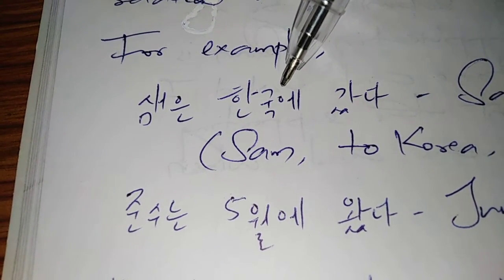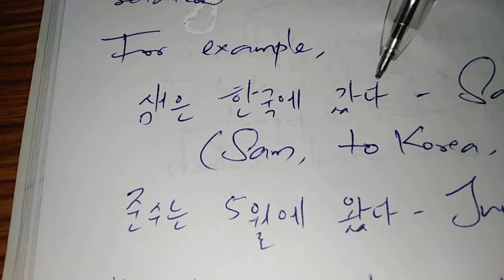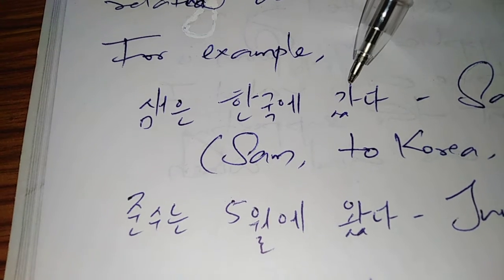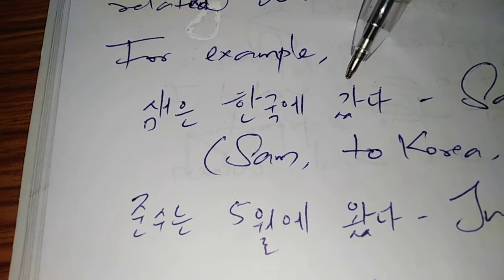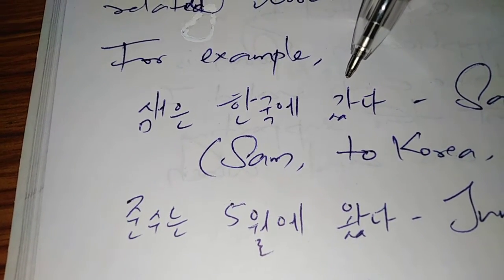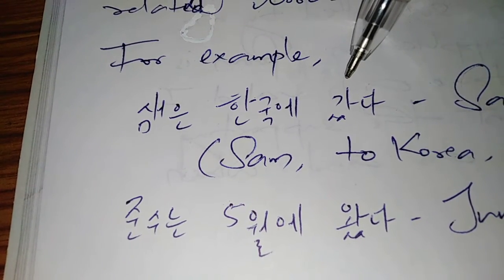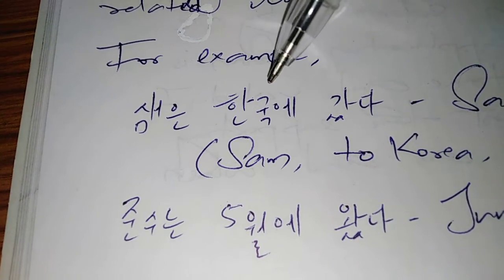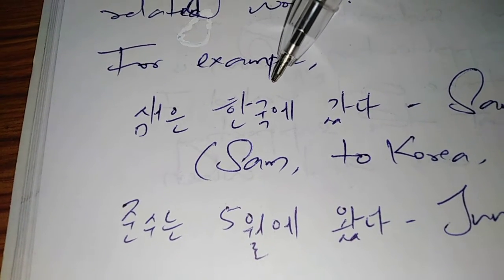So here it is a country because 갔다 is coming here. 갔다 means went. So when you have went there, it's pretty much common sense to understand that, of course, you wouldn't be going to a soup. You would be eating or drinking a soup. So it's, of course, a country here.